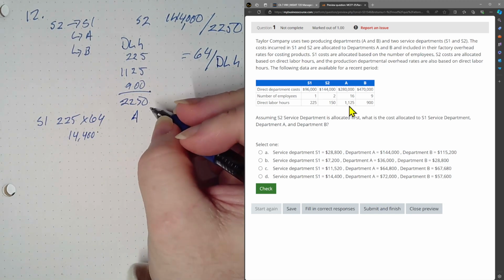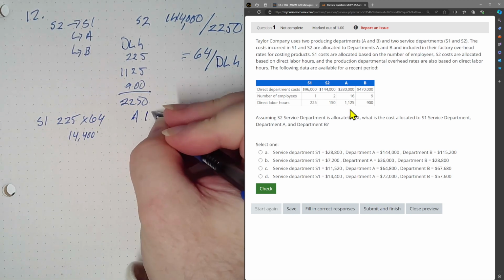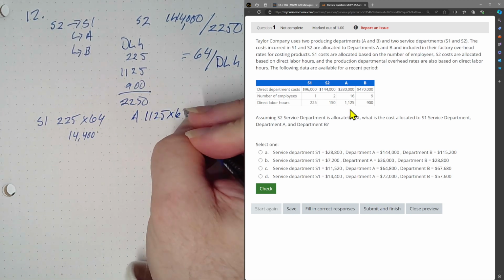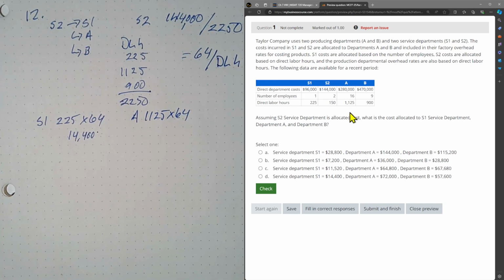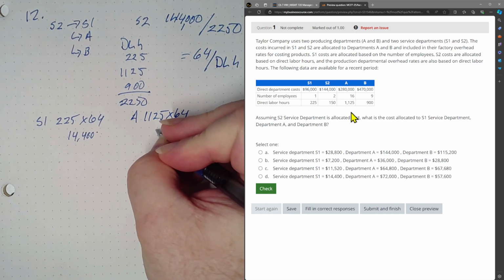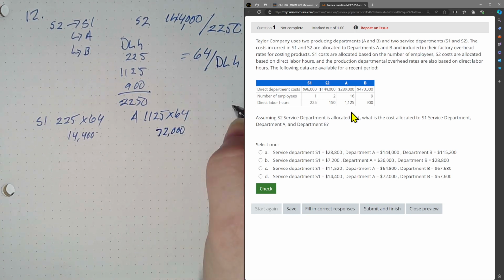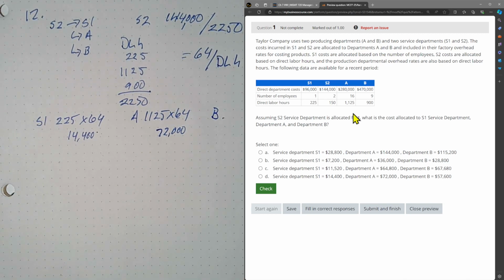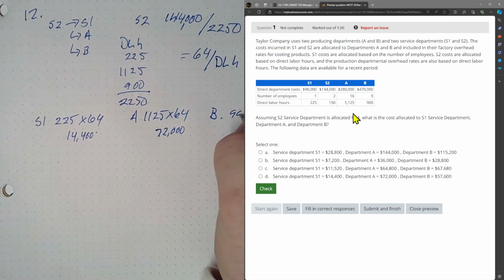Production department A is 1125 times 64, or 72,000. And department B is going to be 900 times 64, or 57,600.